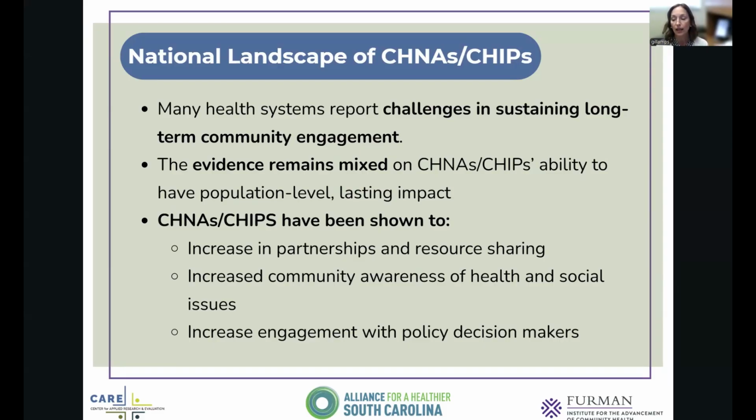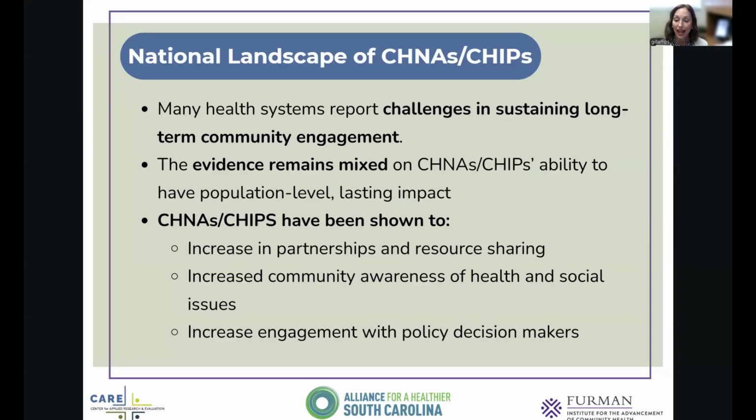And it's really a challenge where healthcare systems struggle in terms of engaging the community during the implementation of the CHIP. So far, there is mixed evidence in terms of CHNAs and CHIPs' ability to have a lasting impact.